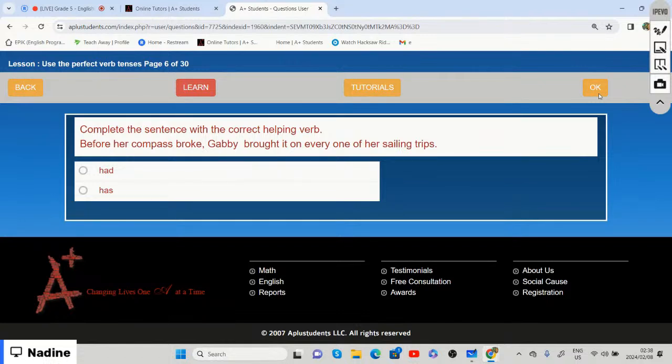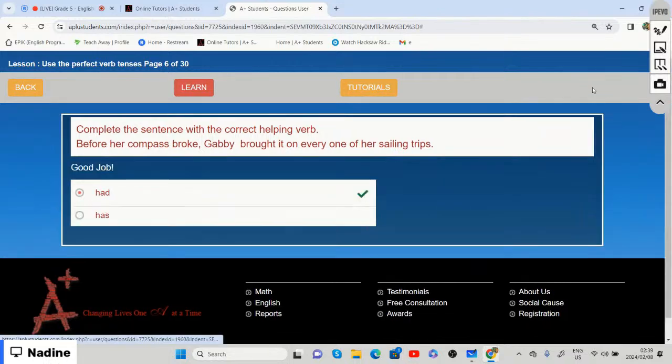All right. So we can say before her compass broke, Gabby, do we say has brought it on every one of her sailing trips, or had? Let's go with had. And had is correct.